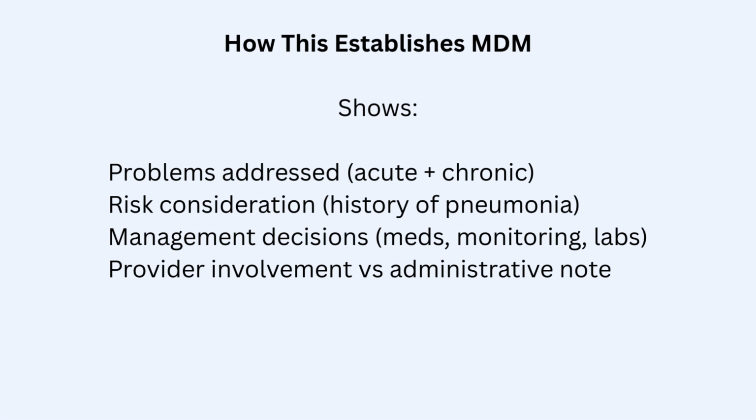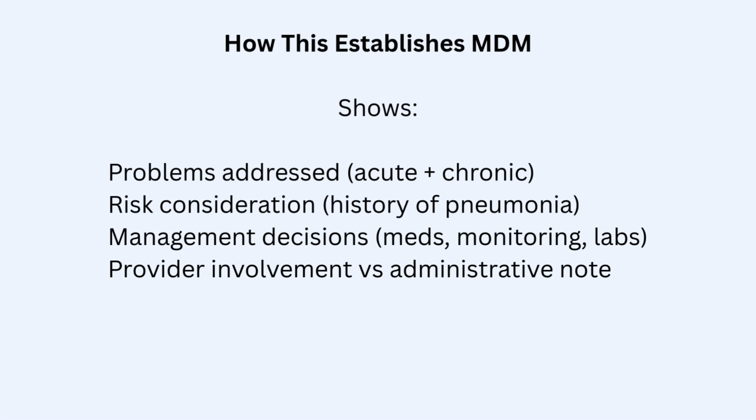So let's go back to how to establish medical decision making, because that seems to be a lot of the issues that we've been seeing. Problems addressed, acute and chronic, risk consideration, history of pneumonia would be an example, right? Management decisions, meds, monitoring labs, and then provider involvement versus administrative note, right?